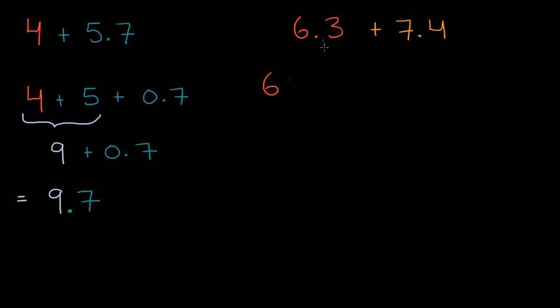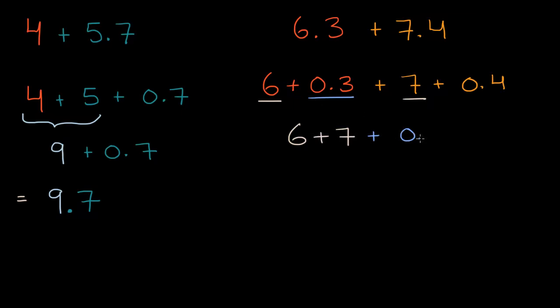So we could view this as 6 and 3/10. So I'm breaking up the 6.3, the 6 and 3/10, into 6 plus 3/10, plus 7 and 4/10, 7 plus 4/10. And then you could view this as 6 plus 7, plus 3/10, plus 4/10.